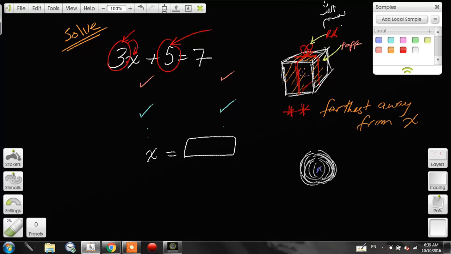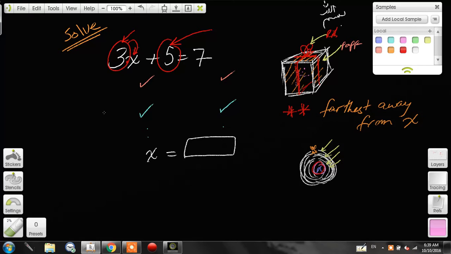What you want to do is peel the onion from the outside in, until you get to the x, right? Now somebody might say, just chop the onion off. No, we're not chopping equations. You just start from the outside in until you get all the way closest to the x. Okay, that's the concept of solving an equation.